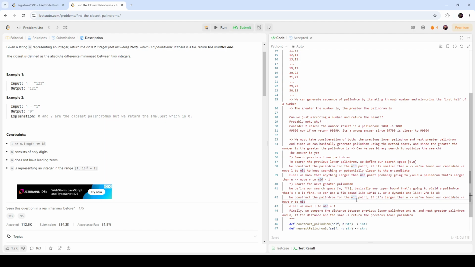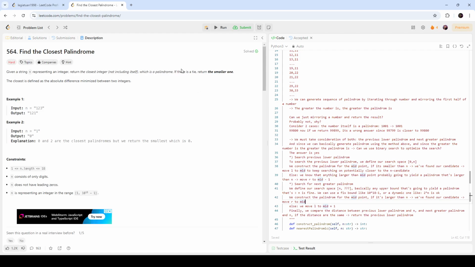So we construct the palindrome for the midpoint. If it's larger than n, then we found our candidate, so we move r to mid, else we move L to mid plus 1. Okay, so finally, if there's a tie, return the smaller one. We compare the distance between the previous lower palindrome and n, and also the next greater palindrome and n.